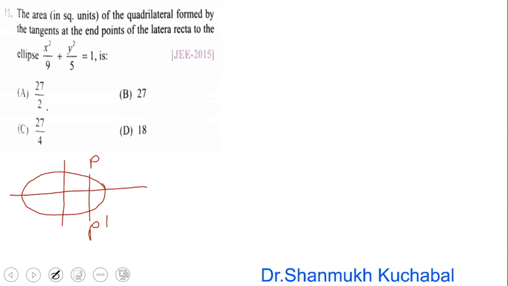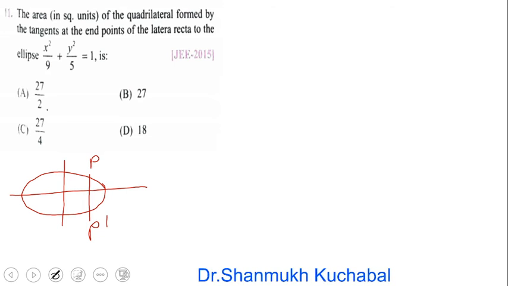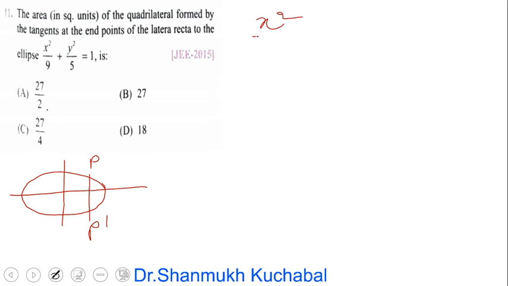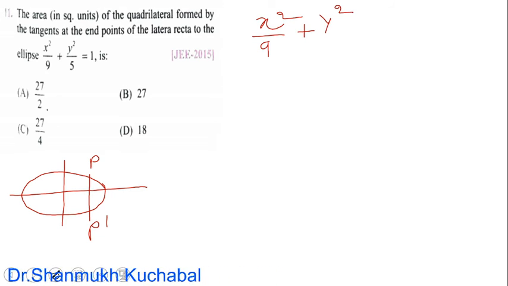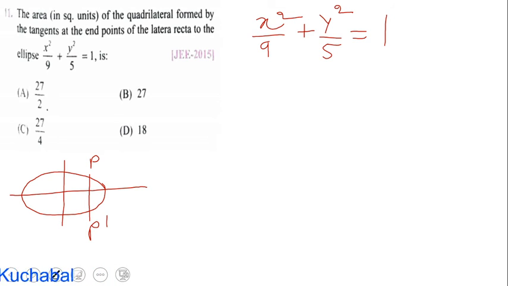We'll simplify this. I take the equation of the ellipse: x square by 9 plus y square by 5 equal to 1. Then we will observe the quadrilateral formed by the tangents at the ends of the latus rectum.